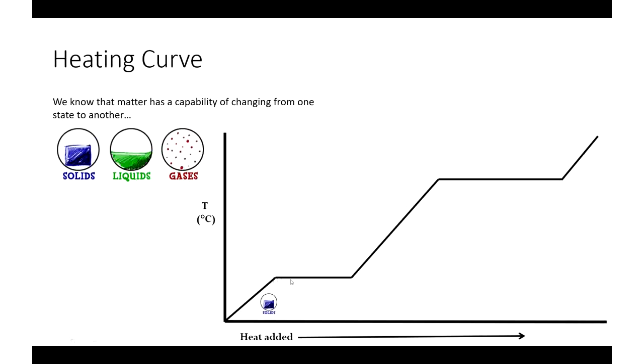And then we have solid and liquid states. So if we take water, for example, we have ice, that's solid, and as we heat it up, at one point we're going to see both the ice and the water, liquid water. Right? So this is where we see both solid and liquid.